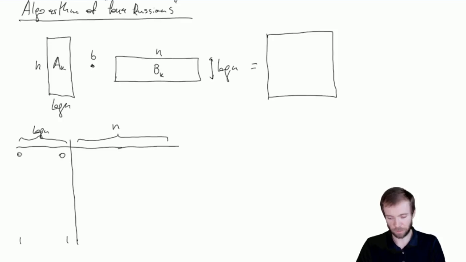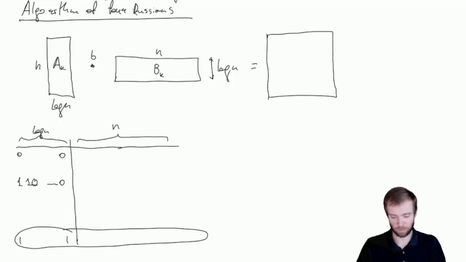Now if we have, for instance, 1 here and all other zeros, then the corresponding line in our table will be just the first row of matrix BK. If we have, say, 2 ones here and all other zeros, then the corresponding vector written here will be the disjunction of the first 2 rows of matrix B. This would be the disjunction of all the rows of matrix B, and so on and so forth.